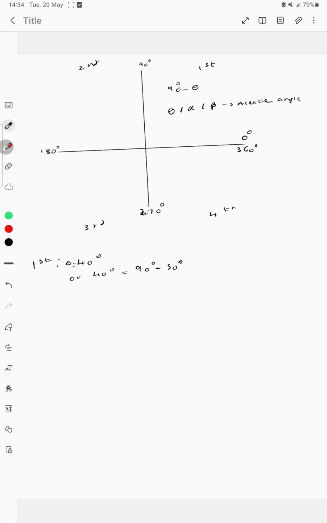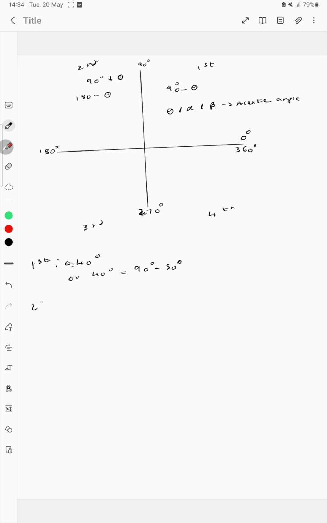All the angles between 90 and 180, we either use 90 plus theta to represent them, or 180 minus theta. For example, in the second quadrant, you can have 150 degrees.